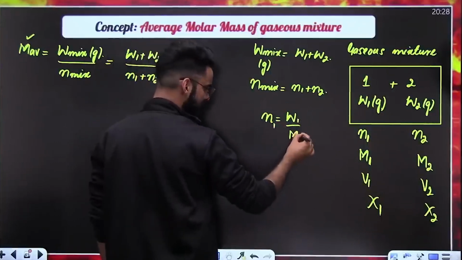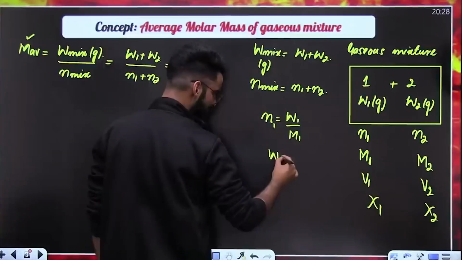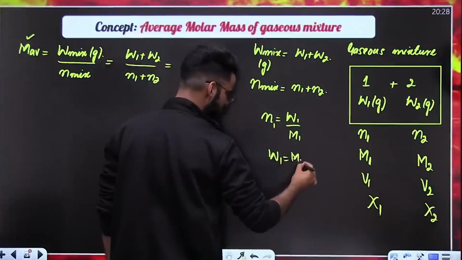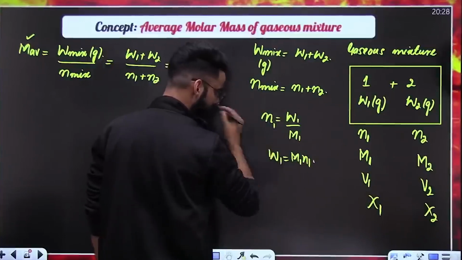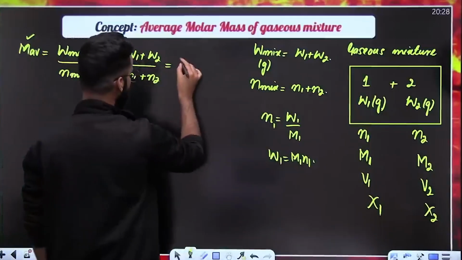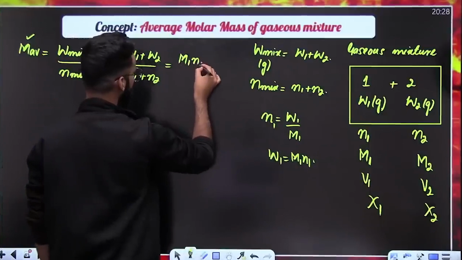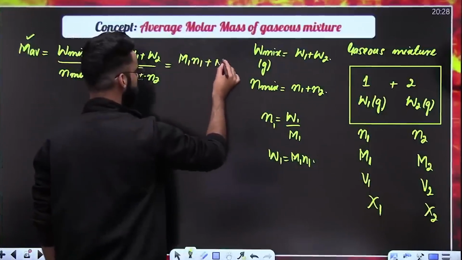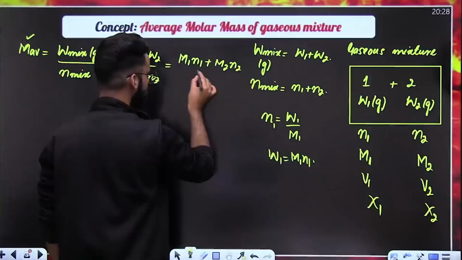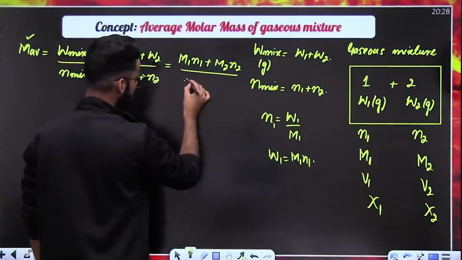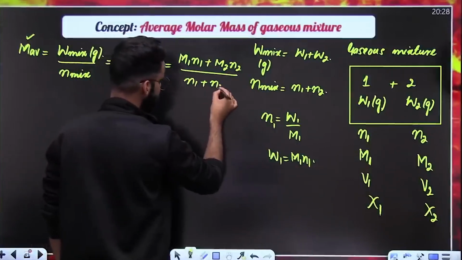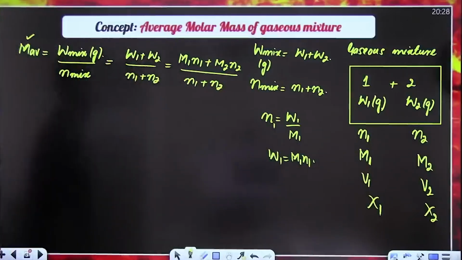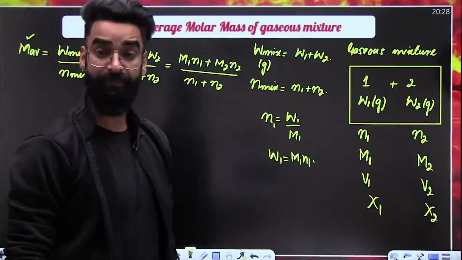So can you calculate W1 from here? W1 is nothing but M1 N1. So instead of W1, I can write M1 N1, plus W2 is going to be M2 N2, divided by N1 plus N2. This is one more formula by means of which you can calculate the average molar mass.